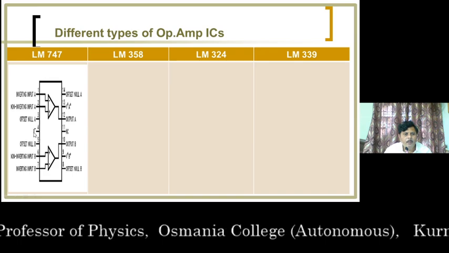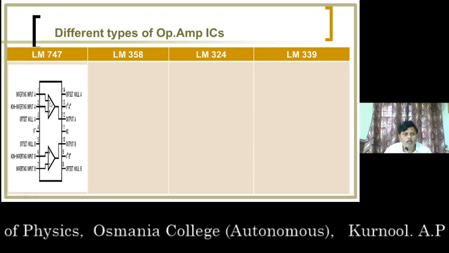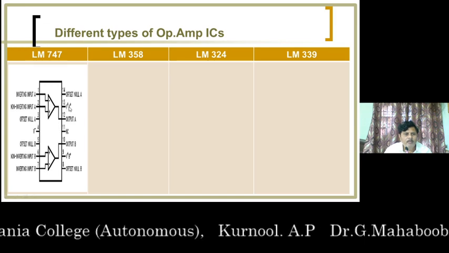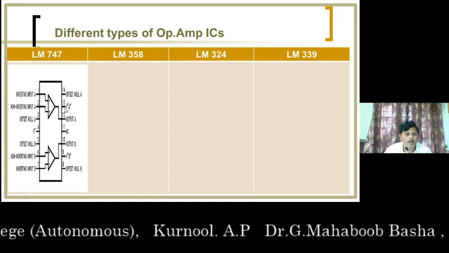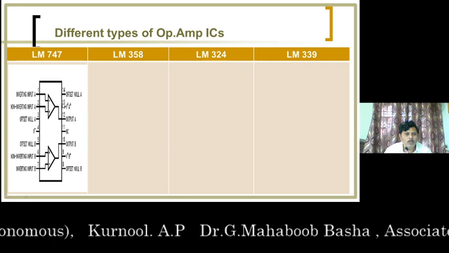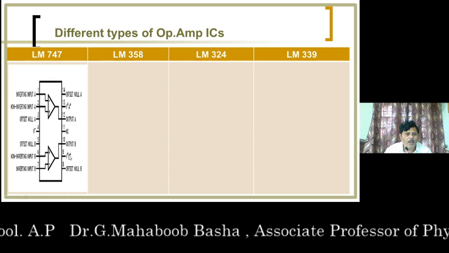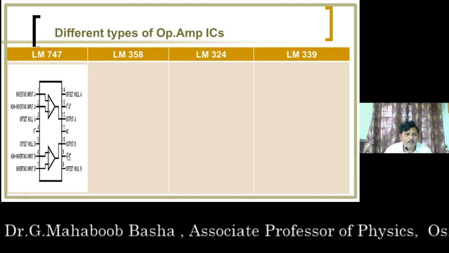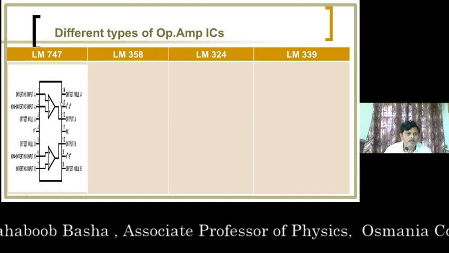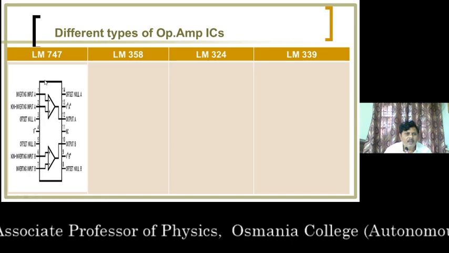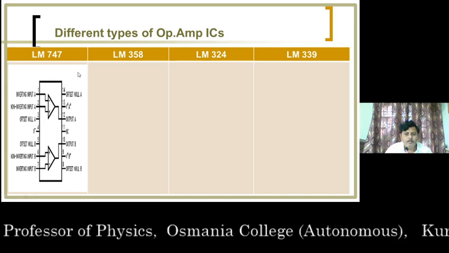V minus is common for both op amps. To operate the first op amp we have to apply positive voltage to pin 13. To operate the second op amp we have to apply positive voltage to the 9th pin. So we can use 2 op amps simultaneously in LM747.